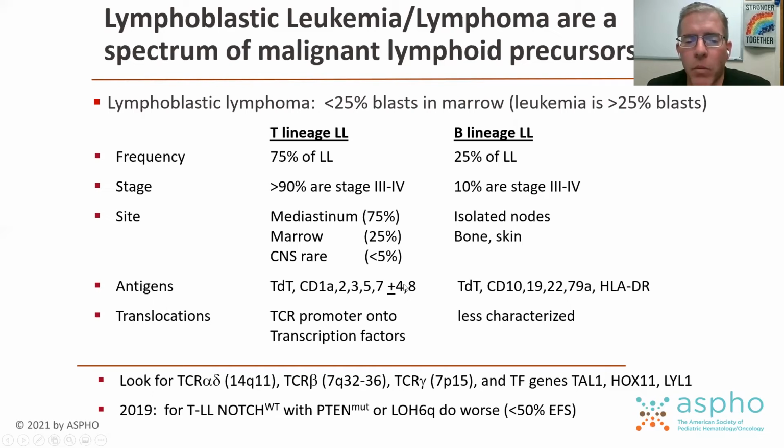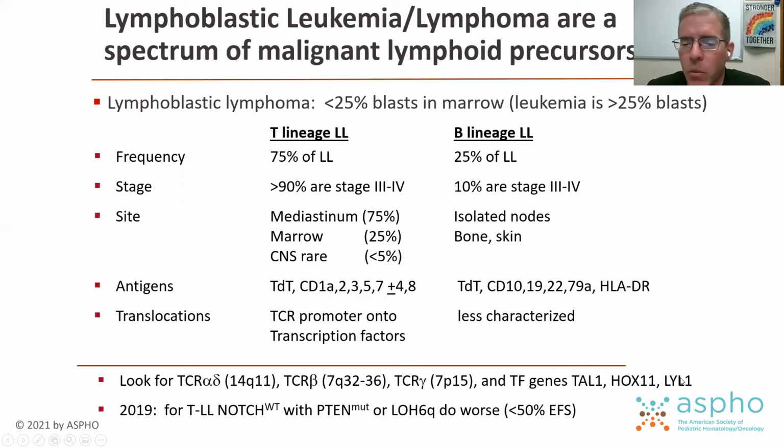Obviously, the markers would be T cell markers for T lineage, and B cell markers for B lineage, but they do have these immature markers like TdT. In terms of translocations, it's frequently a T cell promoter onto transcription factors for the T cell disease, and B cell disease is less characterized.